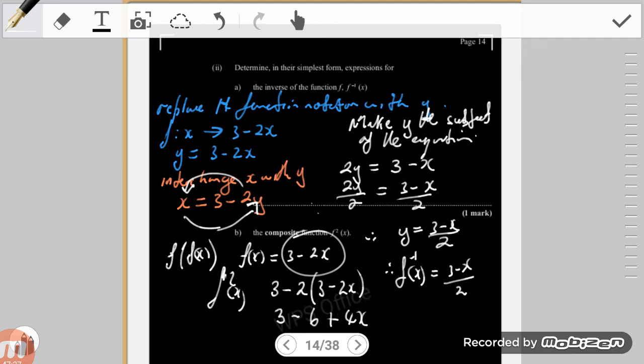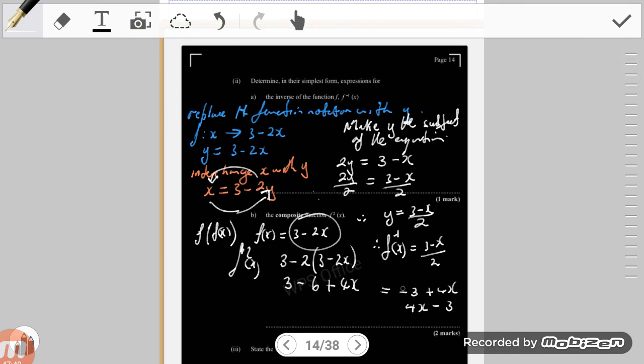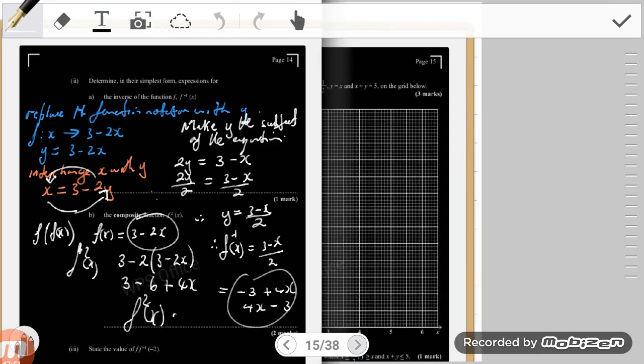So 3 minus 6, that's going to be negative 3 plus 4x, or some persons will say 4x minus 3. Alright, and that's going to be your answer for the function f square x. Alright, so hopefully you guys got a hang of that. Moving on to the next question.